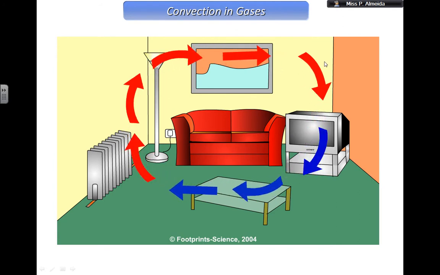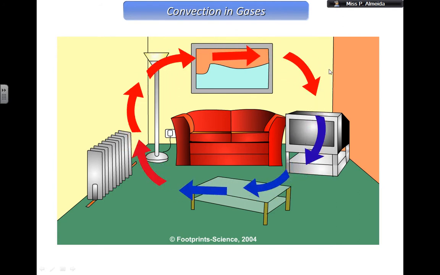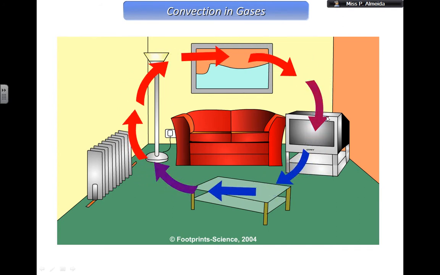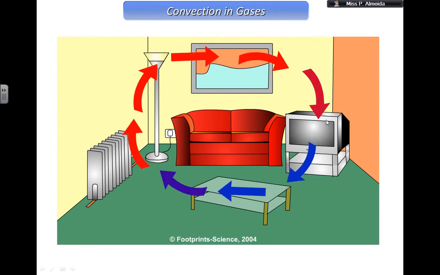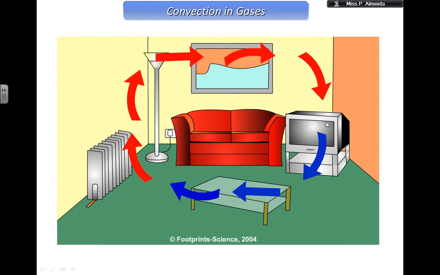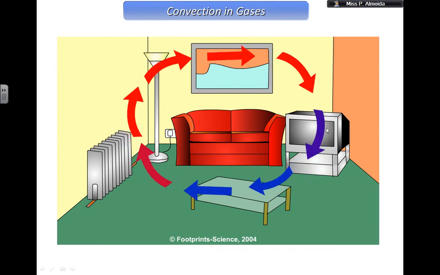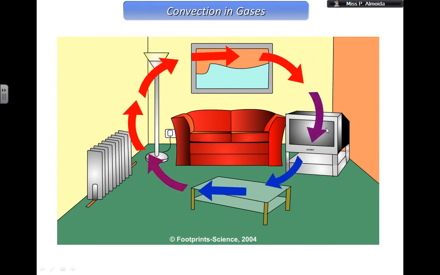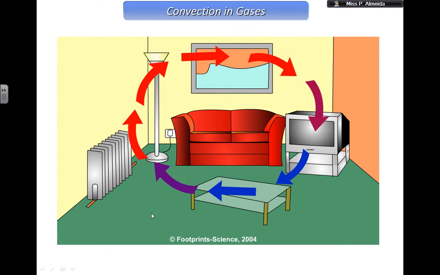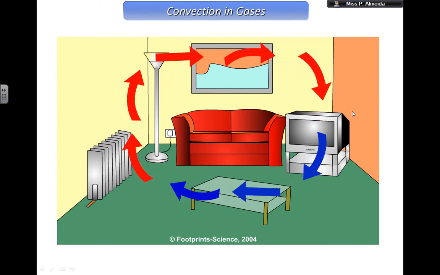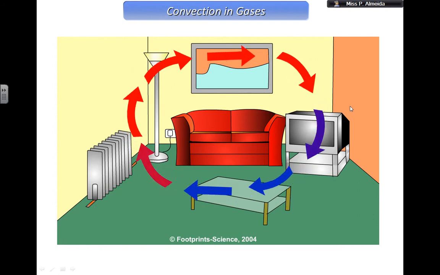Now, as they get further away from the heat source, the particles lose energy. If they lose energy, they are not moving about so much, therefore I have more particles per volume. So the density increases, and therefore the particles are going to sink. And again, the cycle keeps repeating, and this sets up a convection current.